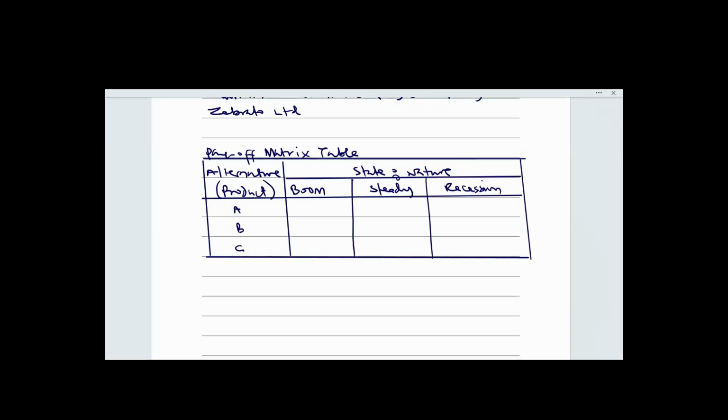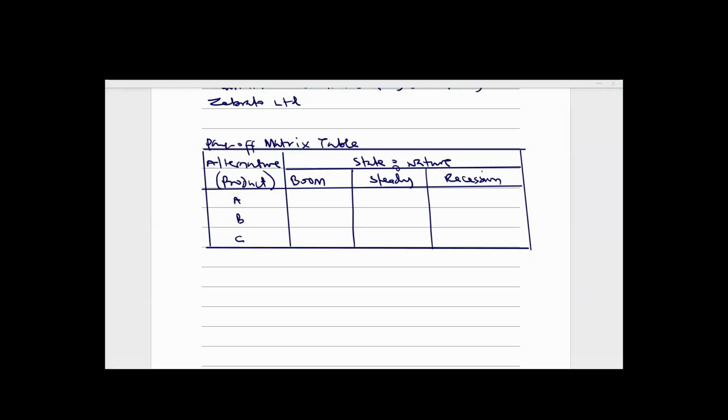So you are told in the second sentence in the question that the available information shows that the company will earn 8 million naira return during the booming period on product A, while 2 million naira loss will be incurred on product B, and a 60 million naira return will be achieved on product C. So we have 8 million, 2 million loss, and then 60 million under the booming period.